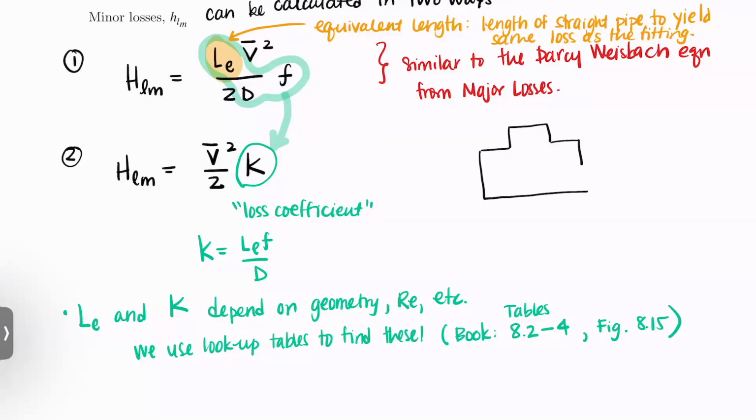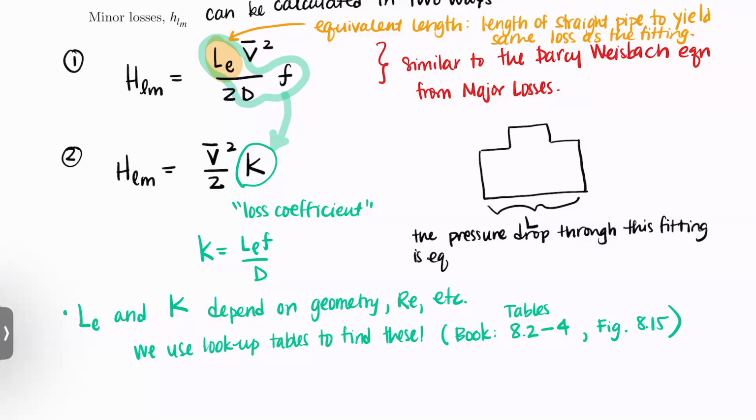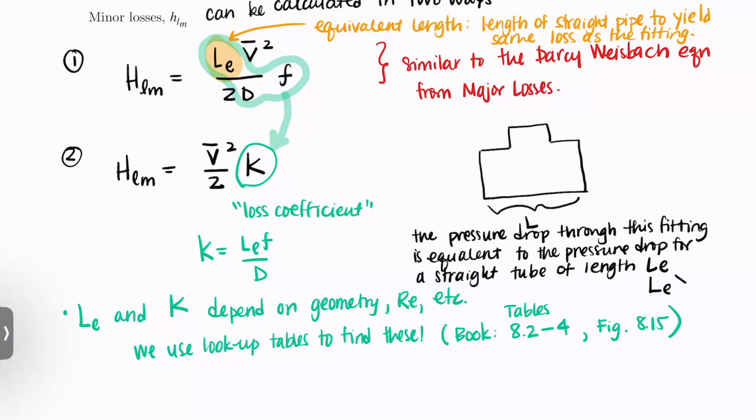So if you have a T fitting that looks like this, and this has some length L, the pressure drop through this fitting is equivalent to the pressure drop for a straight tube of length LE, and it will always be the case that LE is greater than L. So you'll need more straight length losses to equate what comes from the losses in the fitting.